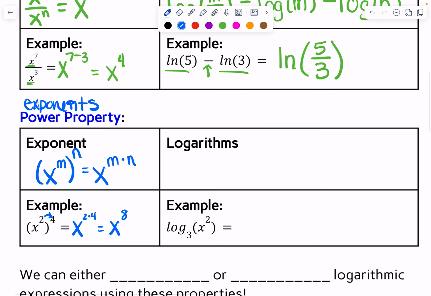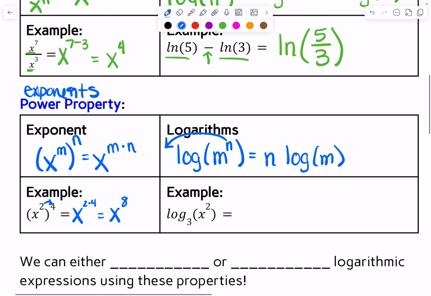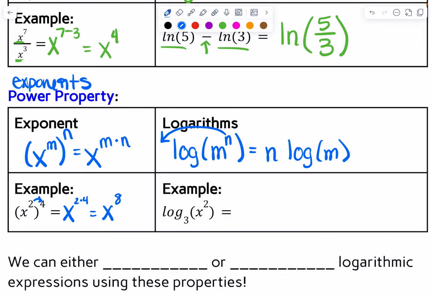Now for our logarithmic property, if we have the log of some value to an exponent, we can actually take that exponent, and as we are expanding, we can move that exponent in front to be n times the log of m. So that exponent becomes the coefficient of the logarithm. So notice in this example, we have log base 3 of x squared. I'm seeing this exponent inside my logarithm, so I'm going to take that and make it a coefficient of the logarithm.